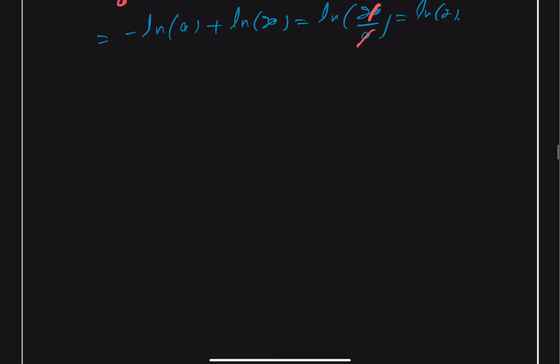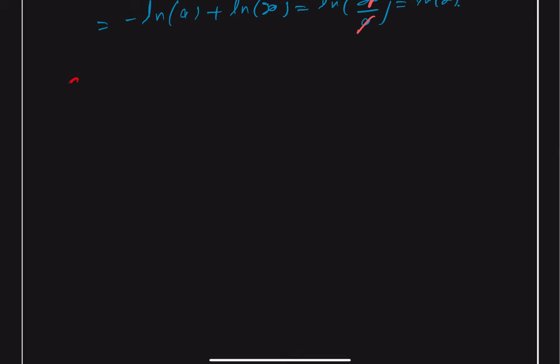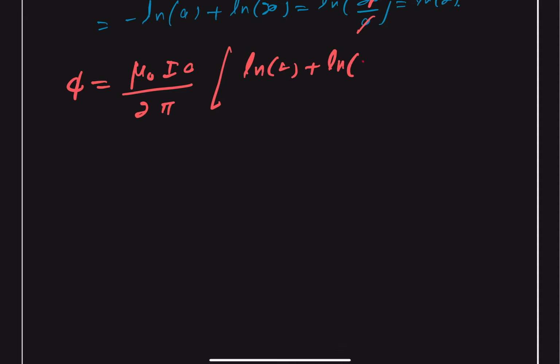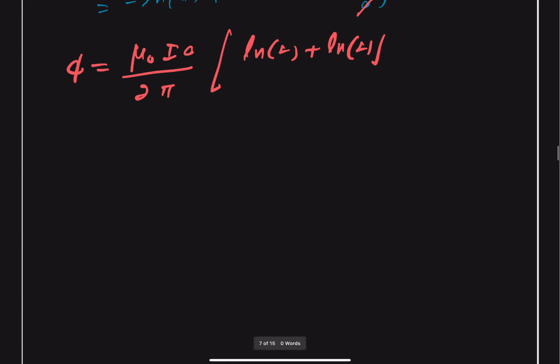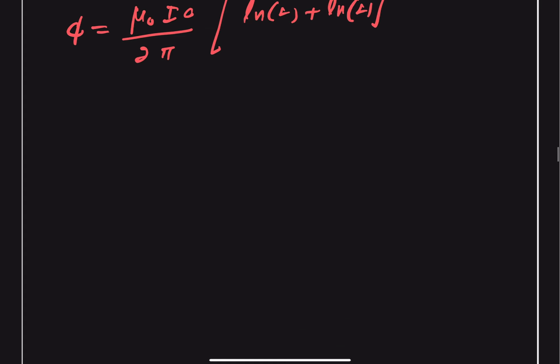Therefore, we can write that our flux phi will be equal to mu naught I a divided by 2 pi, times natural log of 2 plus natural log of 2, and this will be twice natural log of 2.